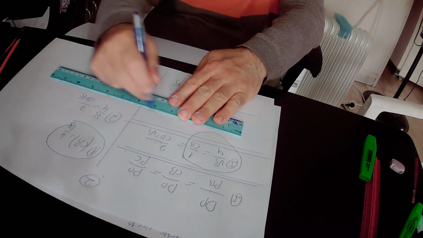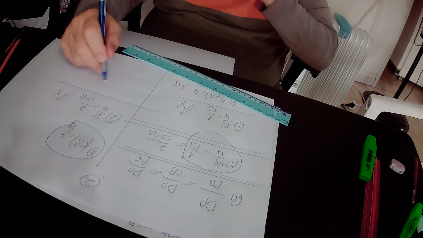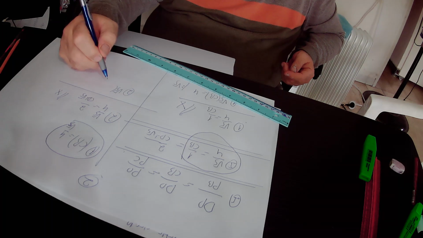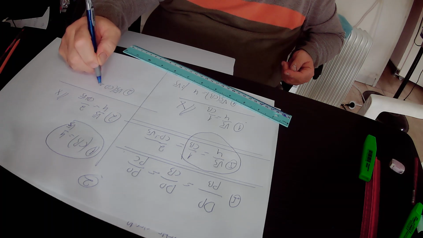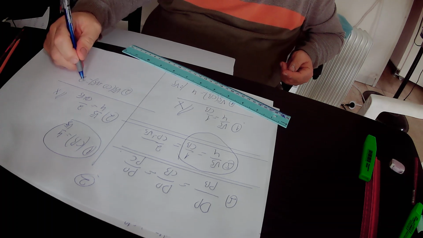Here we cross multiply equation 2, and we get that square root of 5 times CD plus square root of 5, over square root of 5, equals 4 times 2, that is 8.